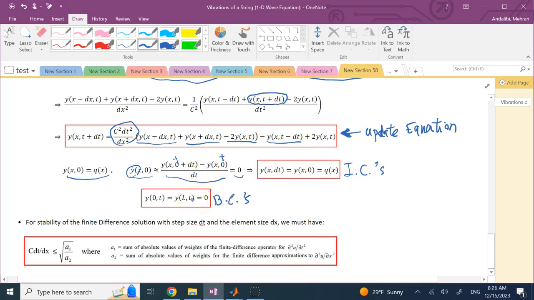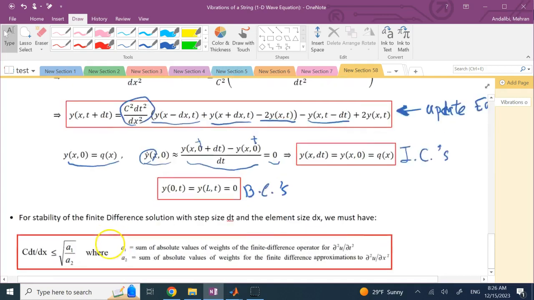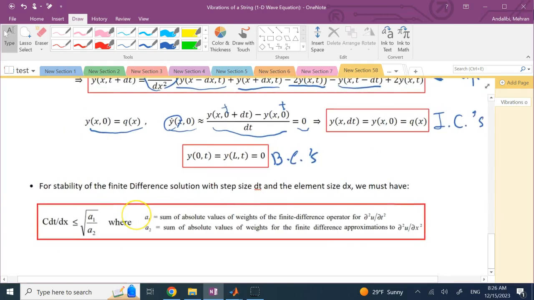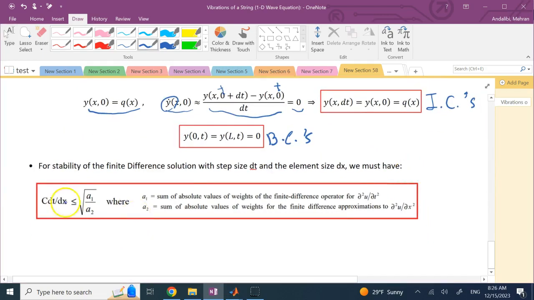And the important thing is, can I pick dt and dx any way I want, with any size I want? The answer is no. If you pick them arbitrarily, your update equations might go unstable and you don't converge to the actual solution. So there should be a relation between dx and dt, and that is provided here in this formula.